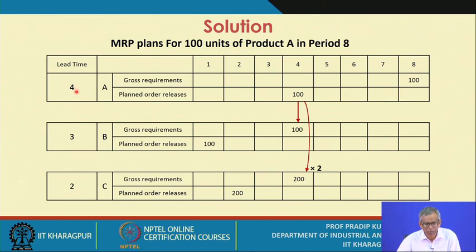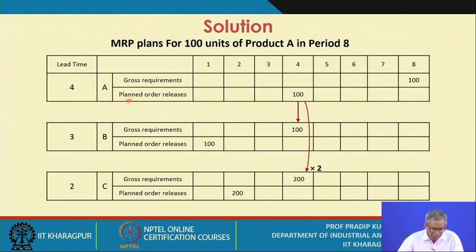As the lead time is 4, you need to have the planned order release on the 4th week, and the amount is 100.